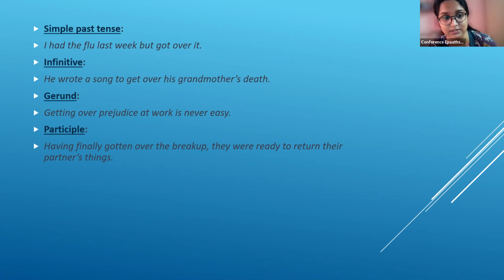We will discuss it. So "getting over". Participle, "having finally gotten over". Participle is when you use the third form of the verb. So you can change the form according to what you are writing: simple past, infinitive, gerund, participle, anything.